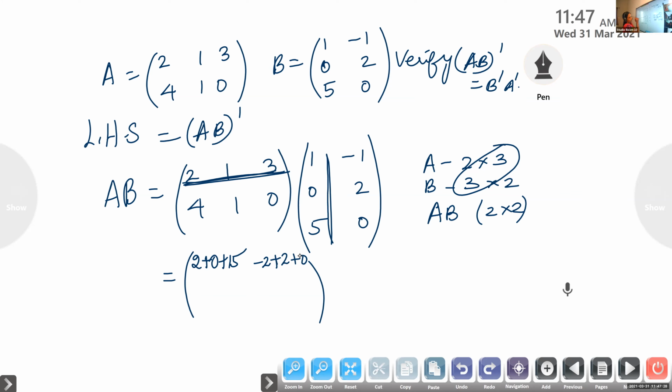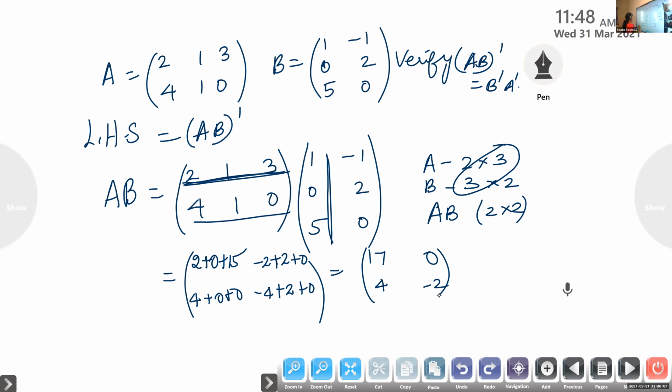First row with second column. Okay, now take the second row, Nia, second row with the first column. 4, 0, plus 0, minus 4, 8. How? 2 into 2, plus 0. So when you add this, you'll get 17, 0, 4, minus 2.